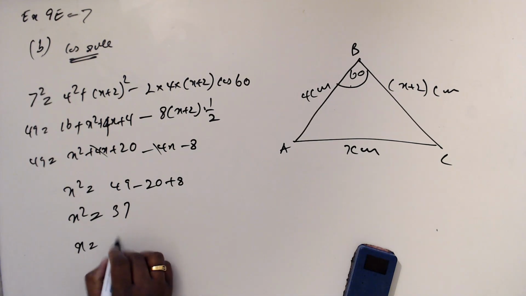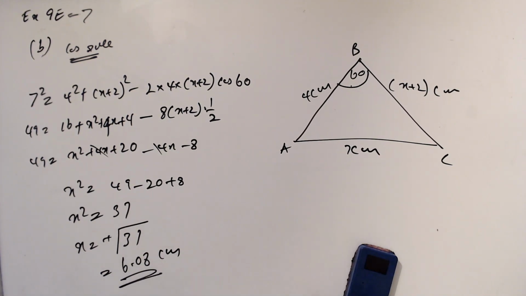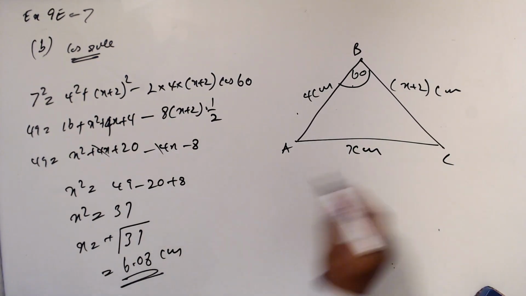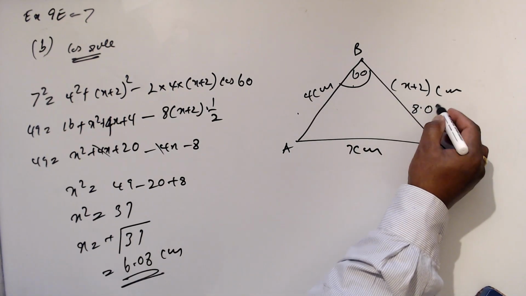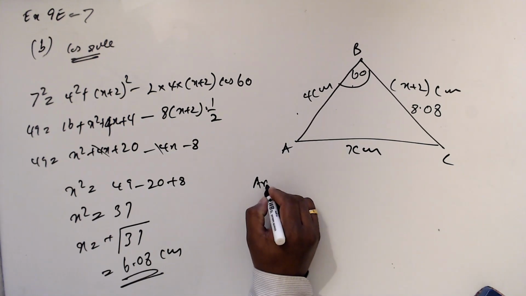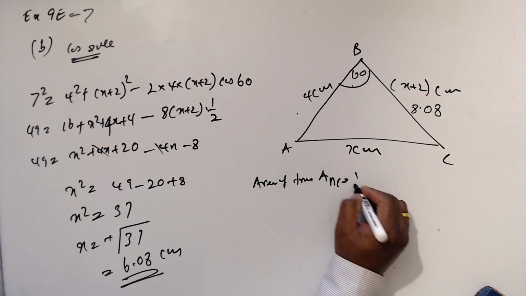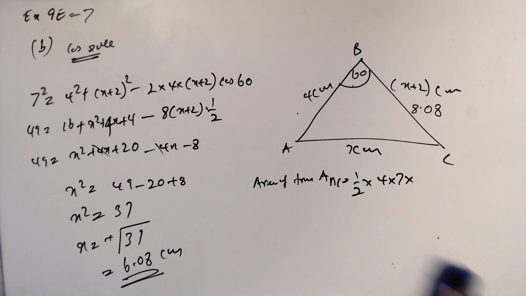x equals, taking the positive value, square root of 37, 6.08 centimeters. Now x plus 2 is 8.08. Now area of triangle ABC equals half times 4 times 7 times, wrong.